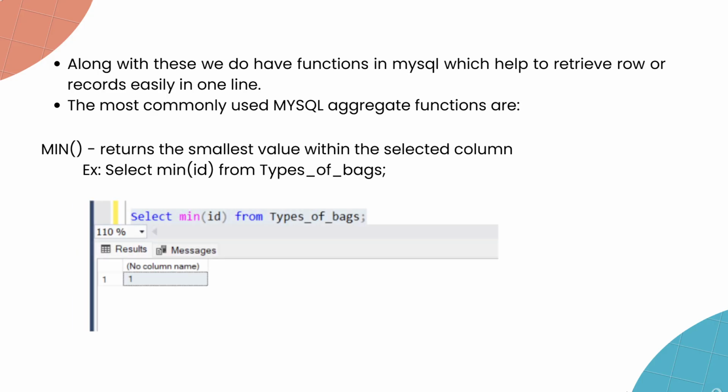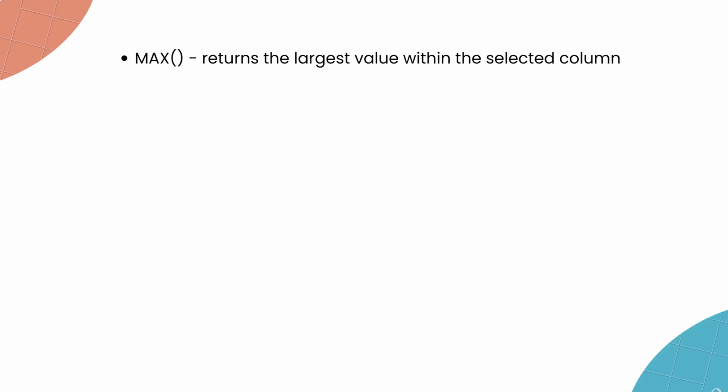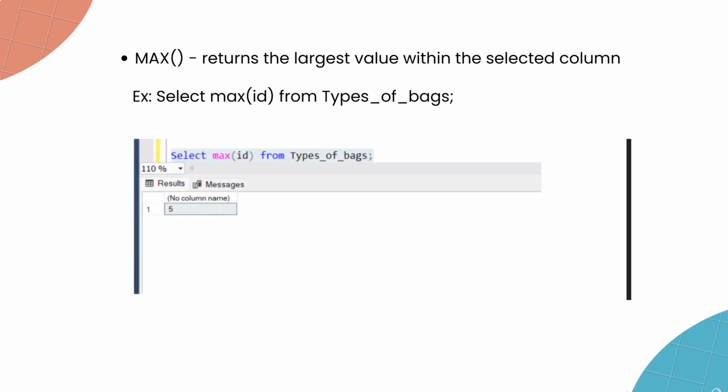For example, select min(id) from types_of_bags; semicolon. Second one is maximum, which returns the largest value within the selected column. For example, select max(id) from types_of_bags; semicolon.